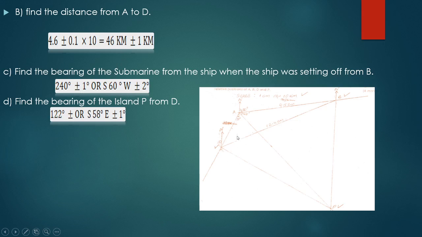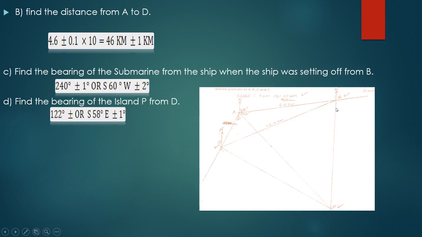And then, part C, we are told to find the bearing of the submarine from the ship when the ship was setting off from B. The submarine was at D, so we want to locate D from B. Now we already know this is 180 degrees.